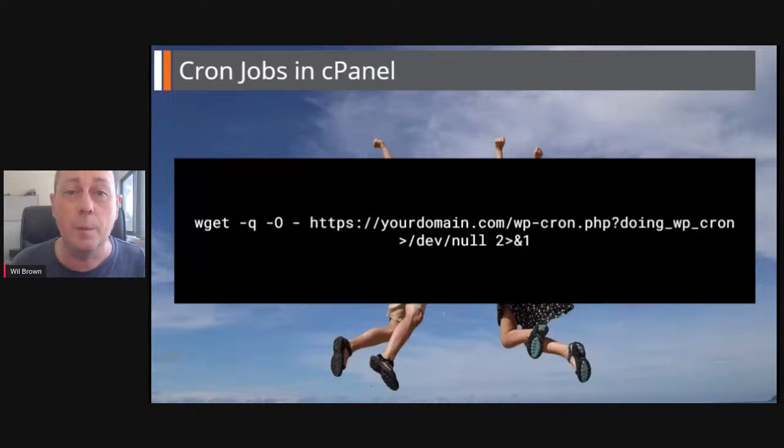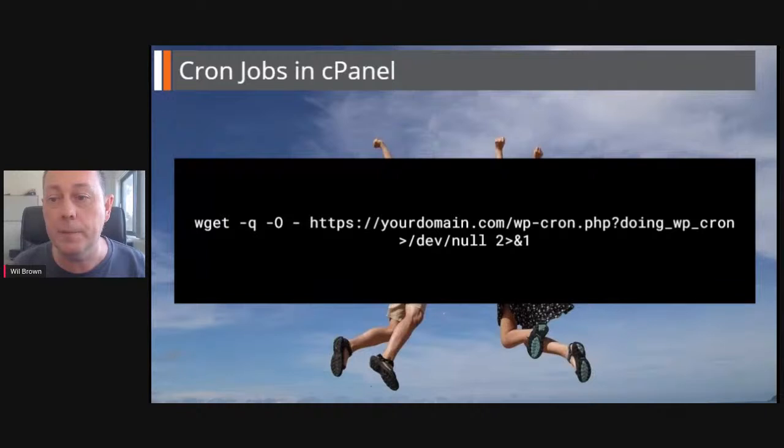The next parameter is -O. It's an uppercase O and then a space and a dash. And that really tells wget not to output anything to the file system. In this case, we're just basically pinging the file to make WordPress run that file so it runs the scheduled events. The third parameter is the URL that you want to ping.